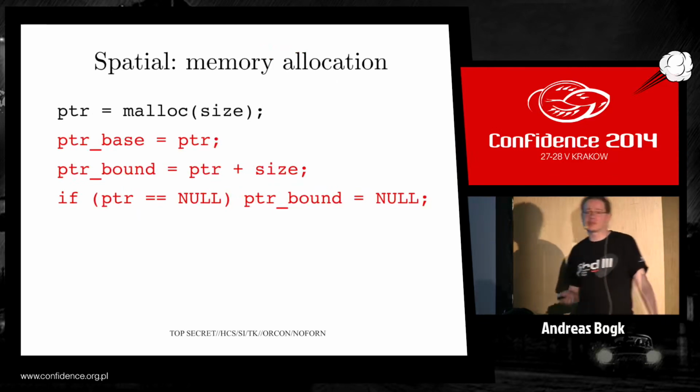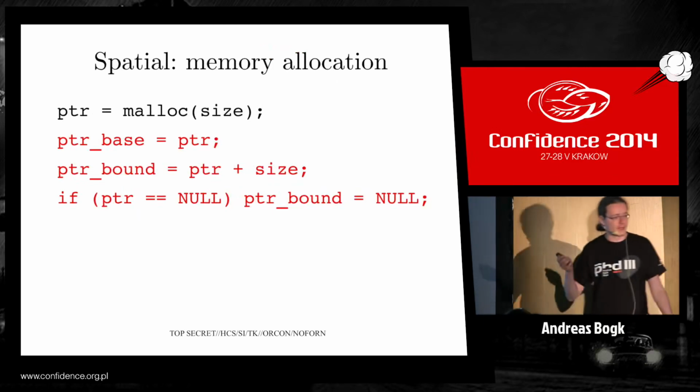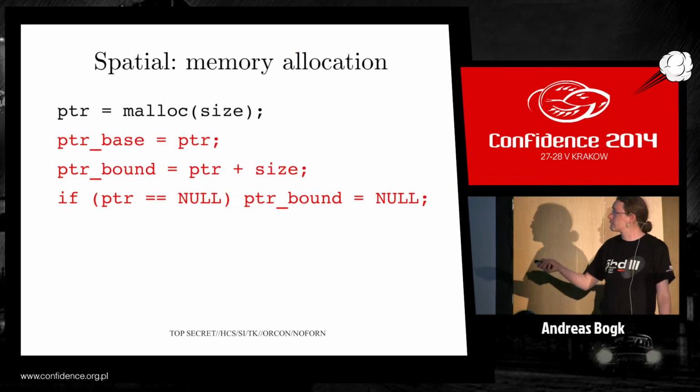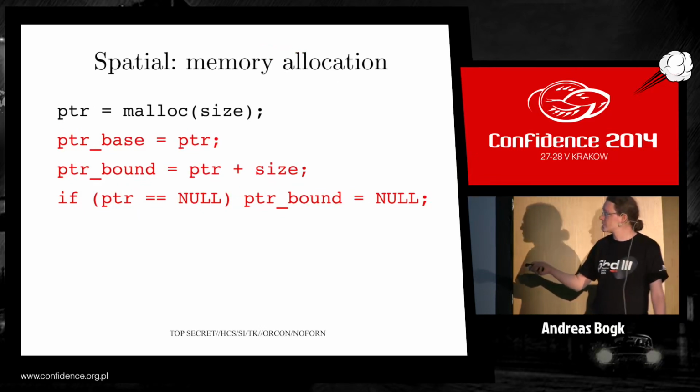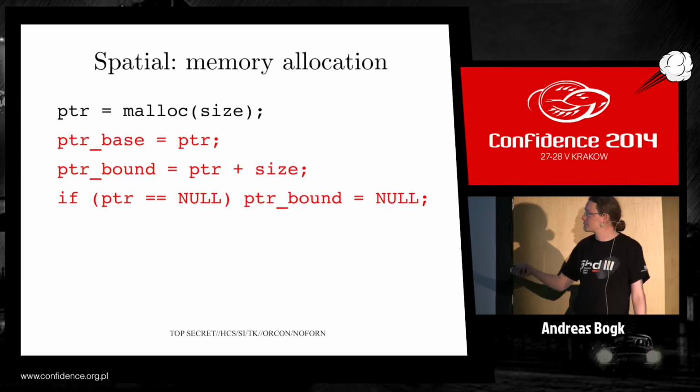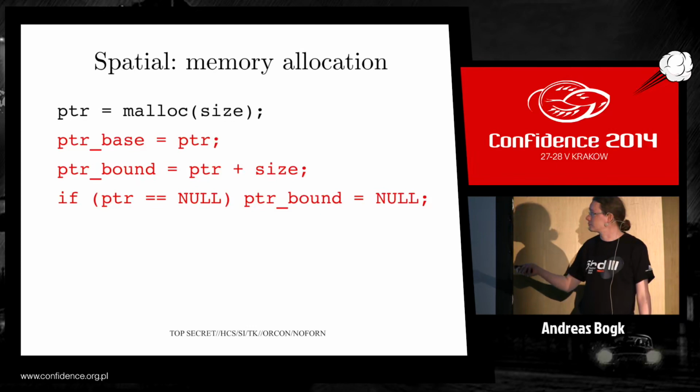Okay, where do the base and bound values come from? On allocation, the base is initialized to be the address of the pointer allocated. The bound is the pointer plus the size of the object.